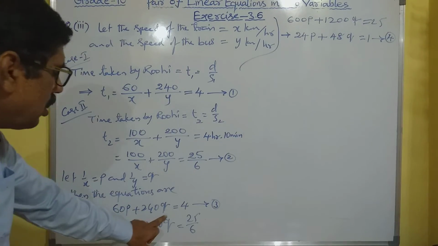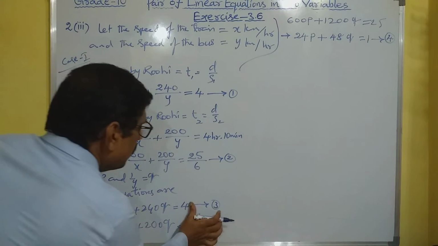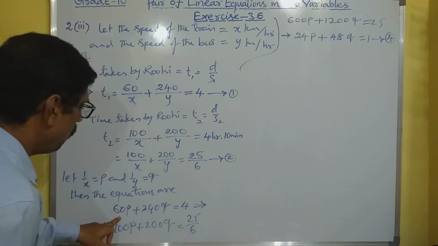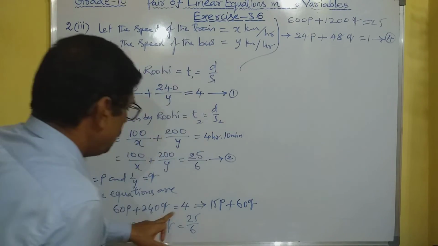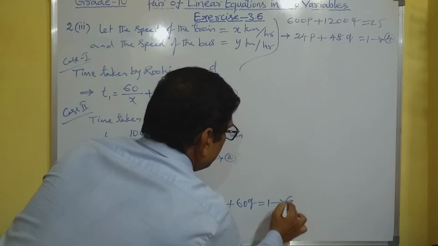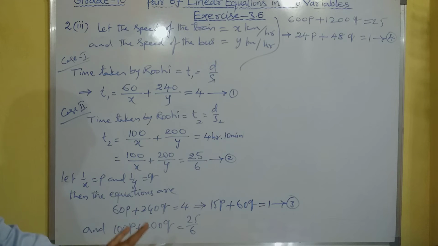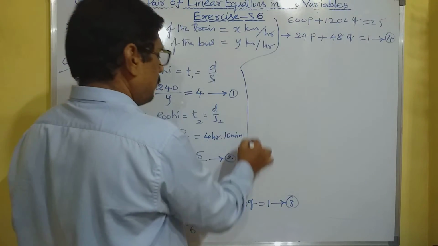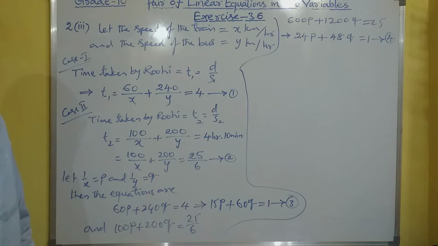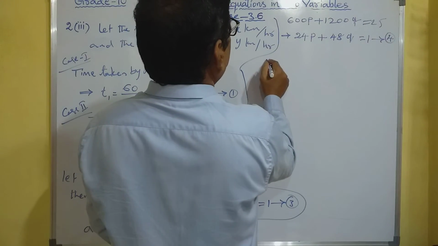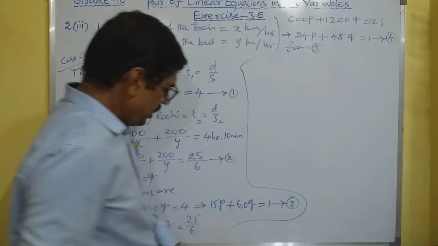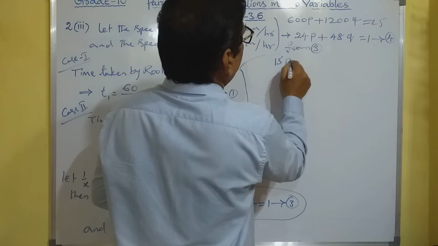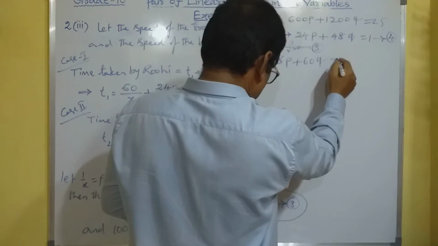Here the third equation also we can simplify, we can divide by 4. This implies 4 15s are 60, 4 60s are 240 and 4 1s are 4. Let us take this as the third equation. Now we have to solve the third and fourth equations in order to get the values of p and q. Now let us use the substitution method from 3. 15p plus 60q is equal to 1.